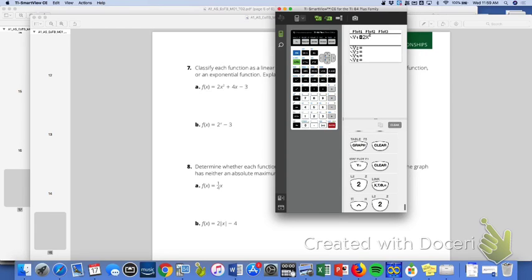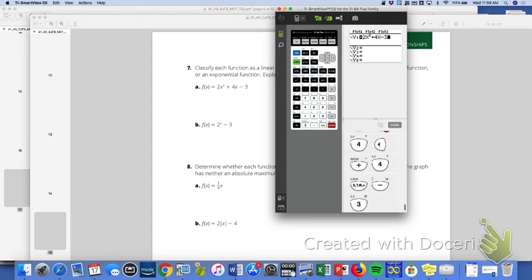Right now my cursor is blinking in the exponent, so I hit the right arrow to get out of it, and then plus 4x. Oops, not 2x, it's 4x. And then minus 3. So your calculator should look like mine: y equals 2x squared plus 4x minus 3.